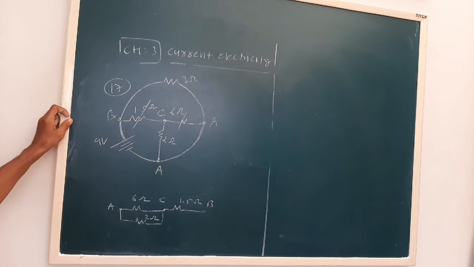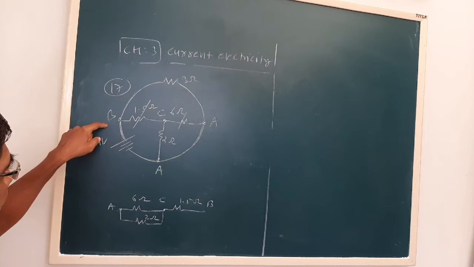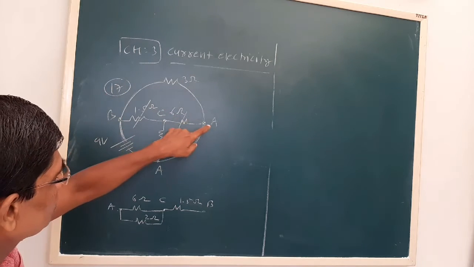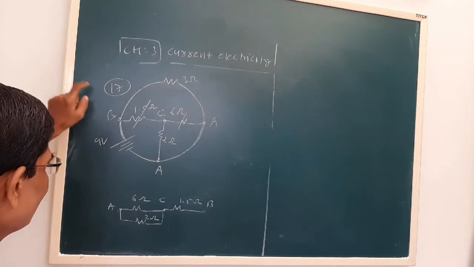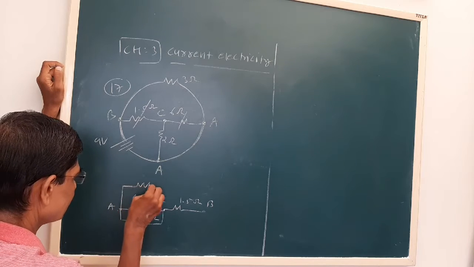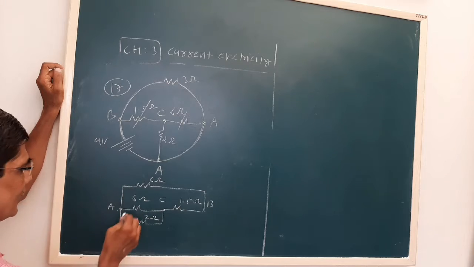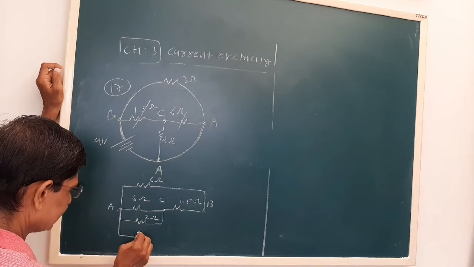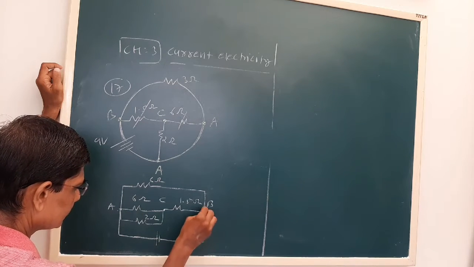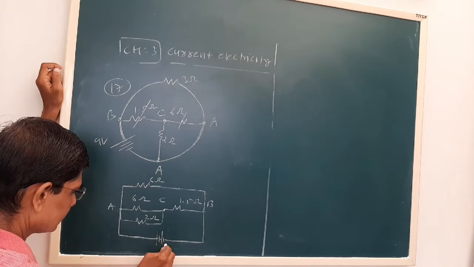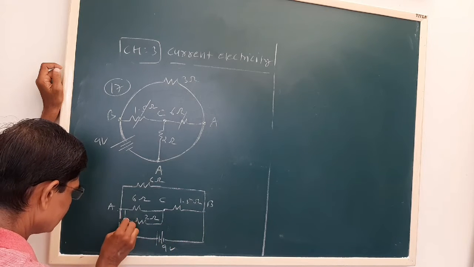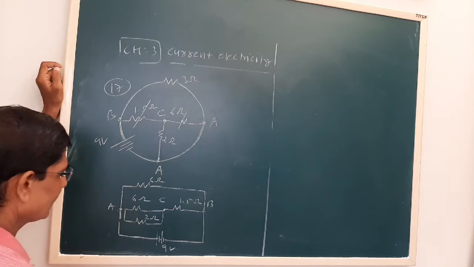And the 3 ohm resistor is between A and B. Again the battery is between A and B.